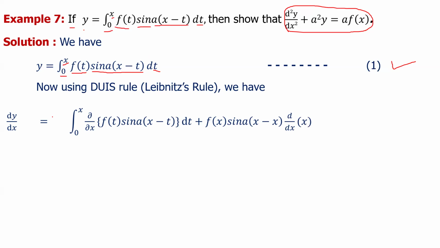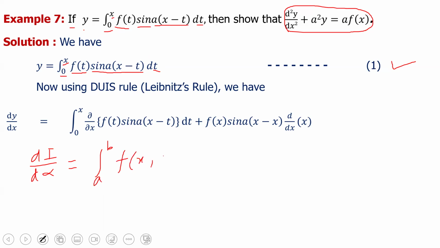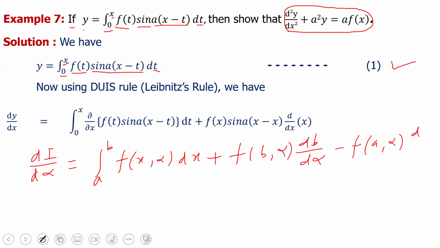This is nothing but dI/d alpha, which is equal to integration of a to b f of x alpha dx plus f of b alpha derivative of b with respect to alpha minus f of a alpha derivative of lower limit a with respect to alpha.